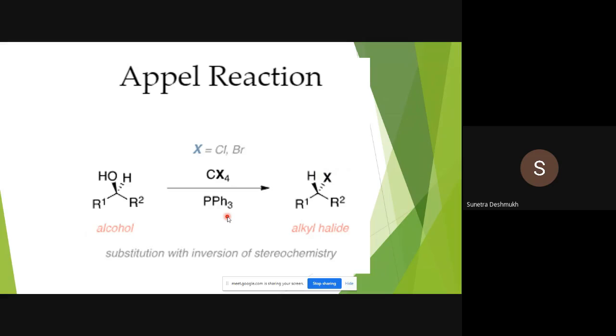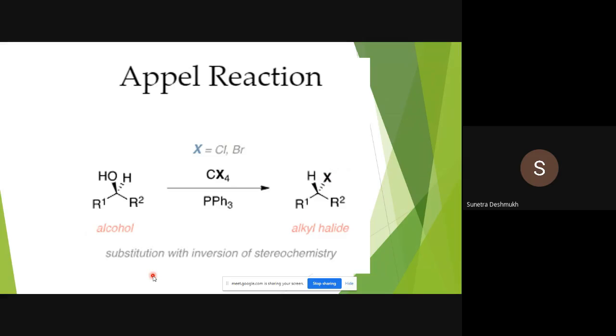In the previous Baylis-Hillman reaction we used DABCO as a nucleophilic catalyst. Here triphenylphosphine is also a nucleophilic catalyst, and we use it to convert this alcohol to the alkyl halide. Overall, we just remove the OH and attach chlorine in its place.